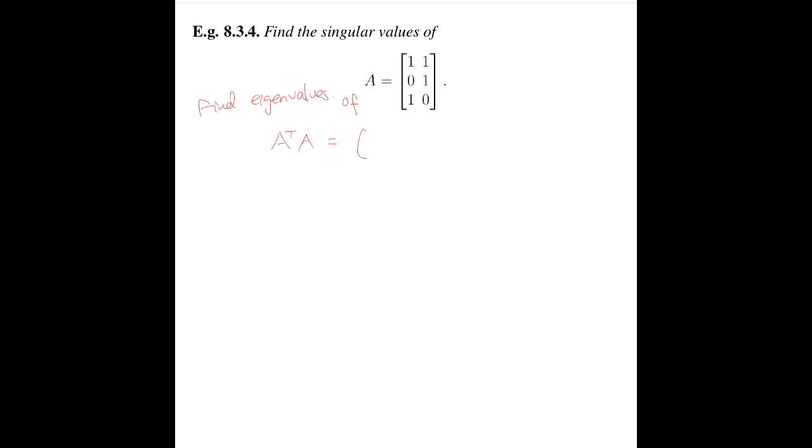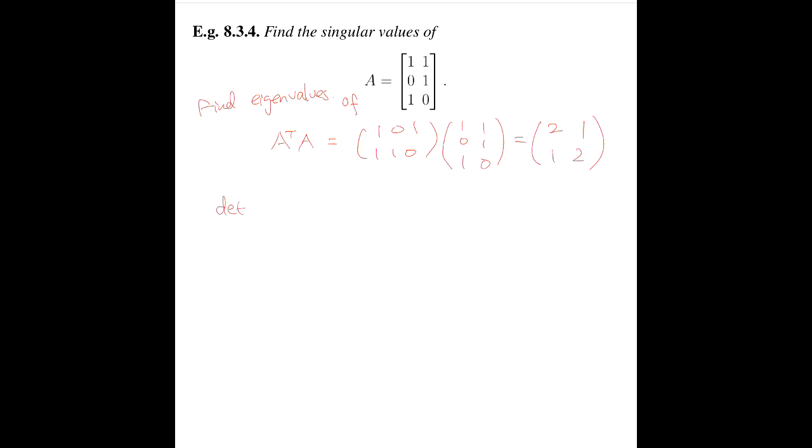This is equal to [1 0 1; 1 1 0] times its transpose, and by simple calculation, this is equal to [2 1; 1 2]. Of course, it's a symmetric matrix.